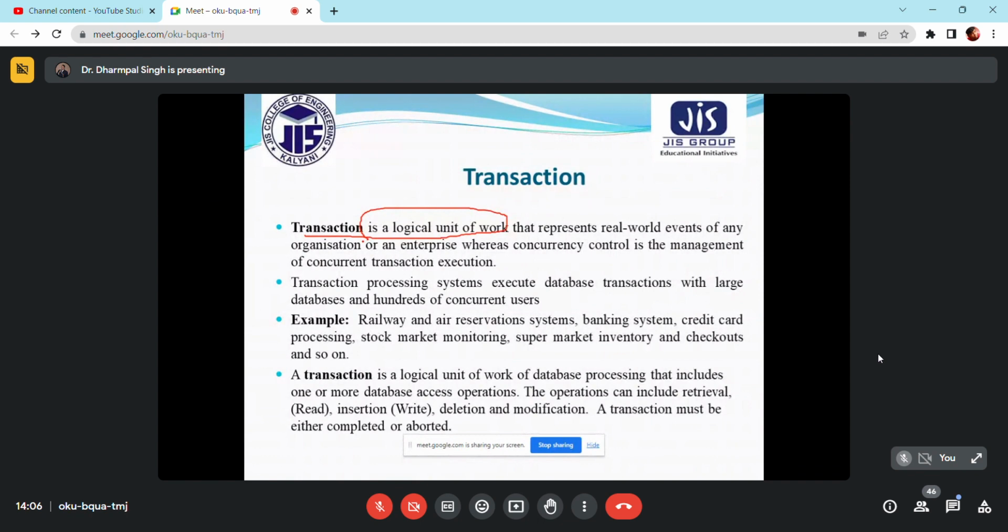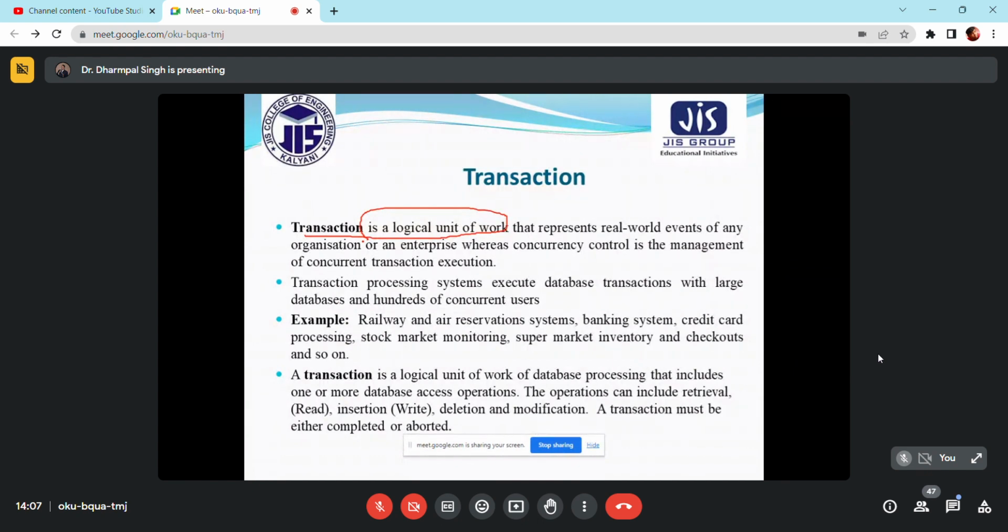It only deals with whether, if I click the submit payment button, things will be executed automatically. That is the reason it is called a logical unit of work. Suppose I take 500 rupees from account A and transfer to account B, so obviously 500 rupees is debited from account A and credited to account B. This is the unit of work.